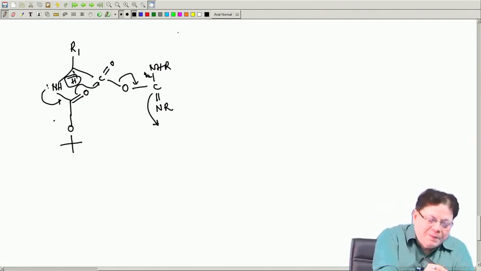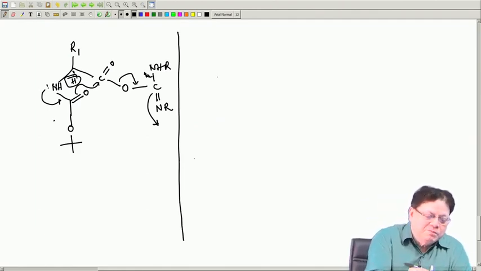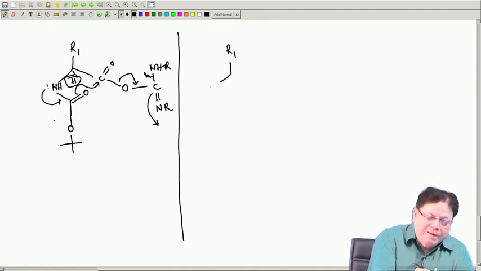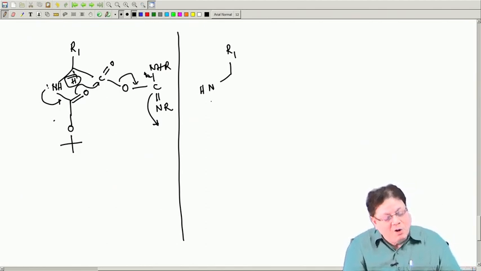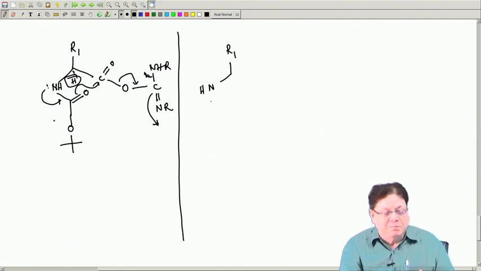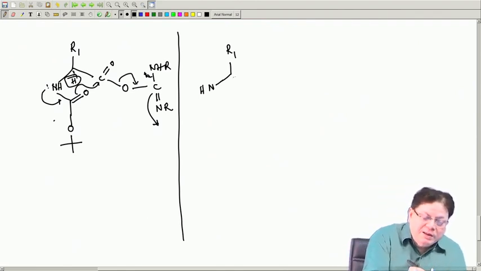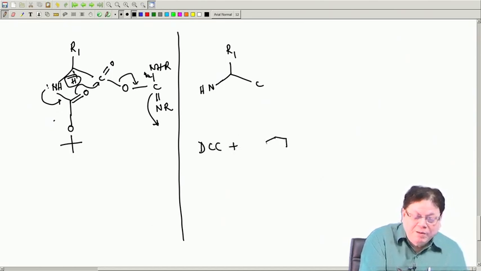So, what to do? Then people thought about it and they could find other reagents to use along with DCC. If you use that, then this racemization can be suppressed. And what is that? You take DCC plus another molecule which is quite nucleophilic.